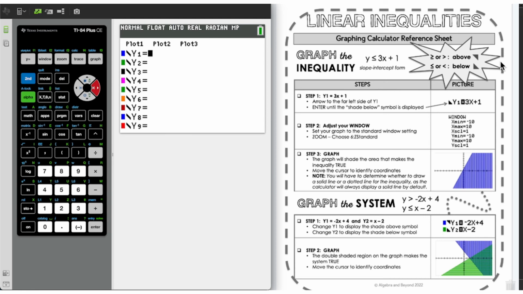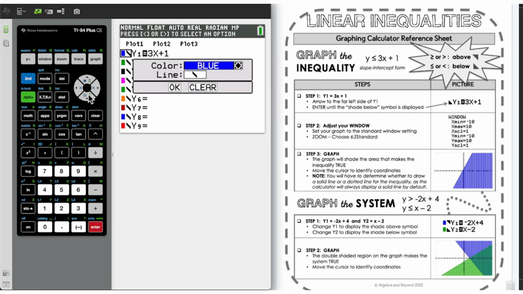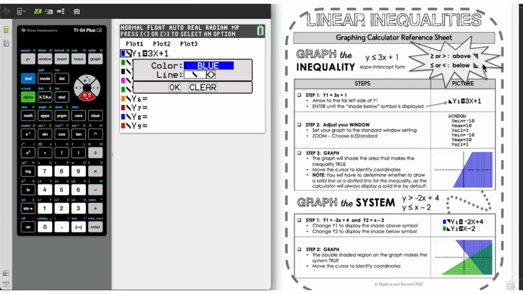So to do that, we're going to type in the inequality, 3x plus 1, and we need to adjust where we're going to shade, right? So we're going to arrow over, and in this case it's less than or equal to, so we're going to click enter so we can adjust this, and instead of a line we're going to choose the shading below.